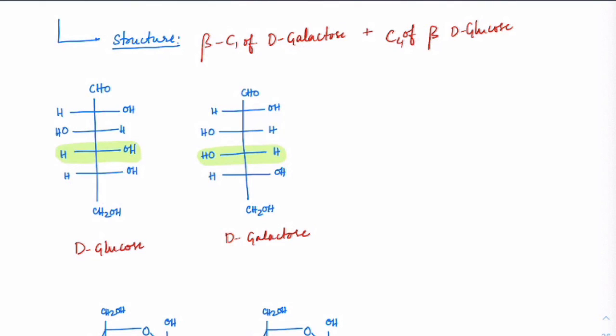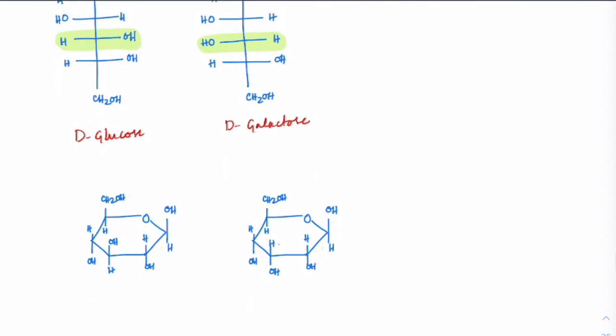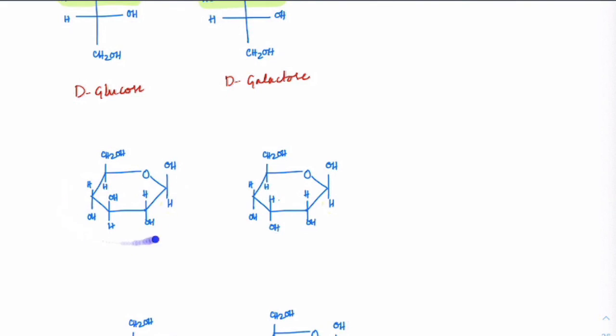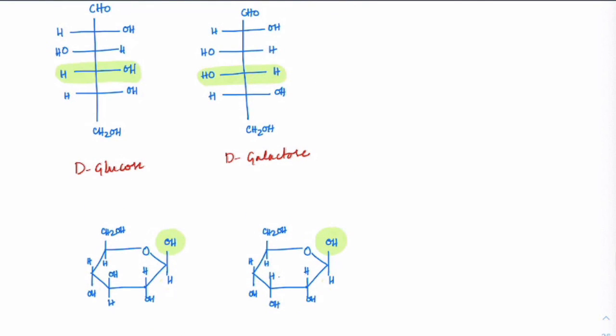So D-glucose and D-galactose are C4 epimers. In this structure of D-glucose, if I put OH on top, vertically up, that is beta D-glucopyranose. Same way here, if I put OH on top for galactose, that would become beta. So both of them are beta here.